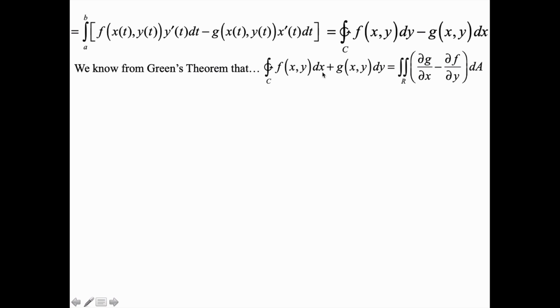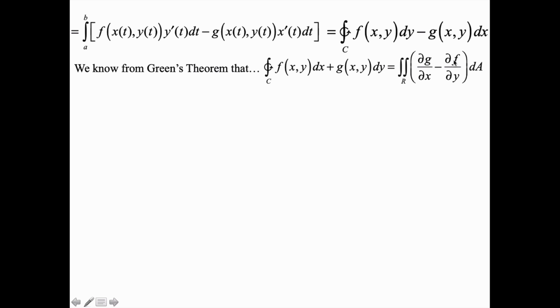We know from Green's theorem, it looks like this, right? In the evaluation of a line integral using Green's theorem, we usually have a plus in the middle here instead of a minus. And we're used to seeing the dx integral in the front and the dy integral in the last part. And that's equal to a double integral over the region of the partial derivative of the second component g with respect to x, minus the partial derivative of the first component f with respect to y, right?